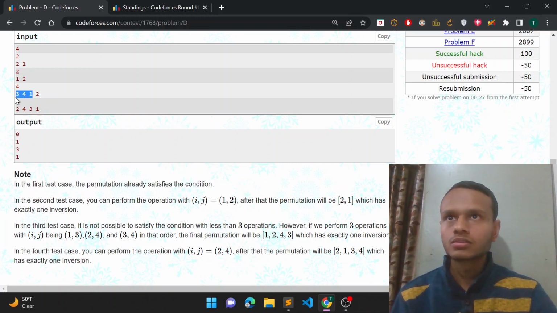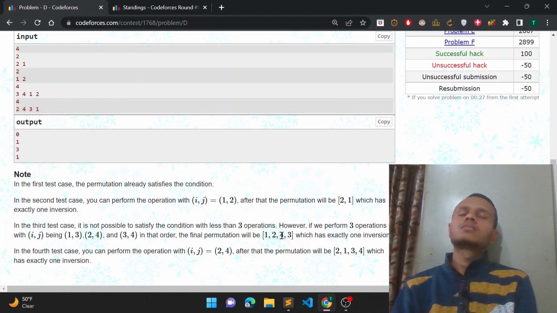Then we can swap 2 and 4, and 4 will go to the 4th position and 2 will be at the 2nd position. And then we are swapping 3 and 4. This is exactly what I was saying.